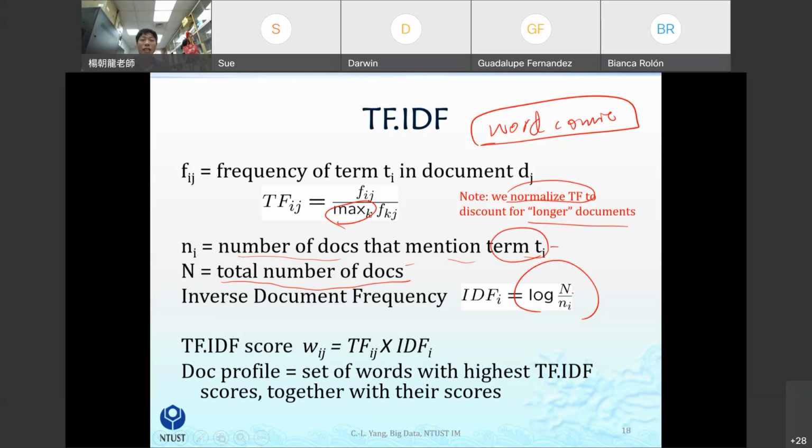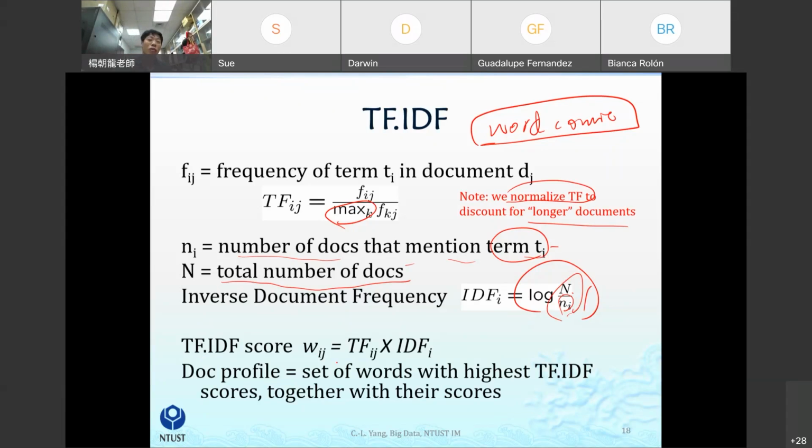Of course, if this ratio N over n_i is very large, that means very few people mention me. But if of the 1,000 documents, most of them mention me, then we get close to one here. The log number is very close.